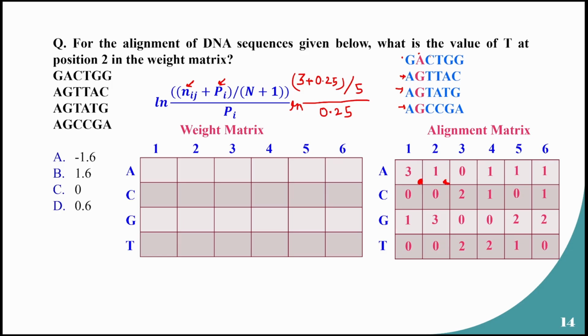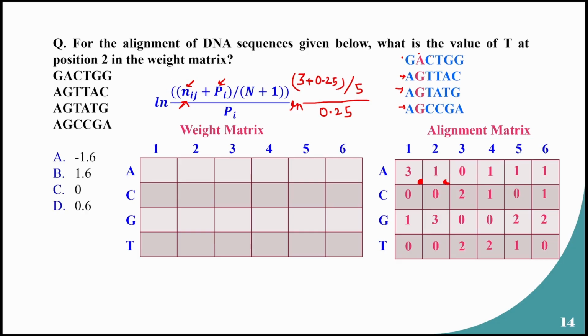So the information of the adenine to be in this particular first place for the sequence is already incorporated in the Nij value. So for that reason, we don't consider it again. We just consider the random probability for this particular base adenine to be present at this particular position.